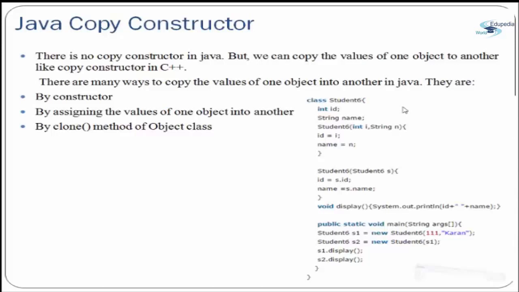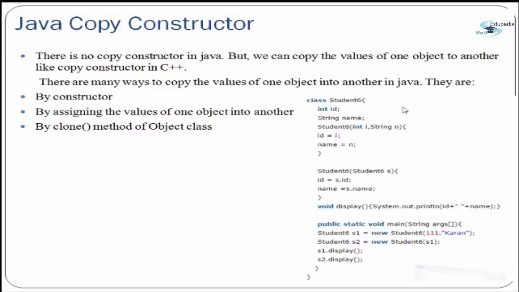A copy constructor is used to copy the value of one object to another. So how can you do the same thing in Java? Either by a constructor, or by assigning the values of one object to another, or by the clone method of the Object class. The third one, the clone method, we will not be discussing over here.